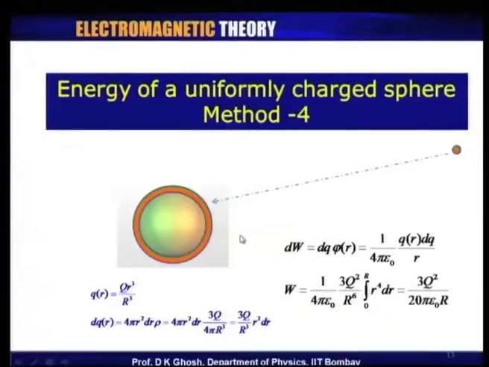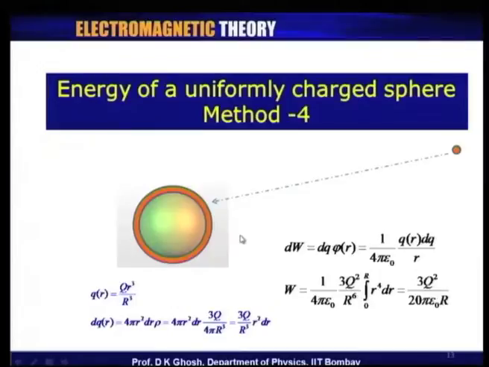So, what we have seen is the following: if I have a continuous charge distribution, I can calculate the energy in different ways. In fact, I have shown you 4 different ways of doing it. But let me now come back to the question which we talked about in the beginning: there is a difference between the discrete charge distribution and the continuous charge distribution.